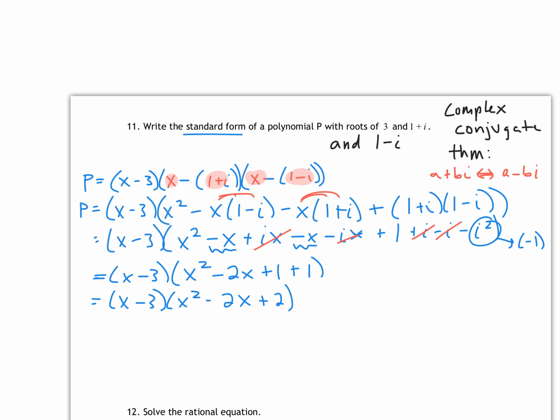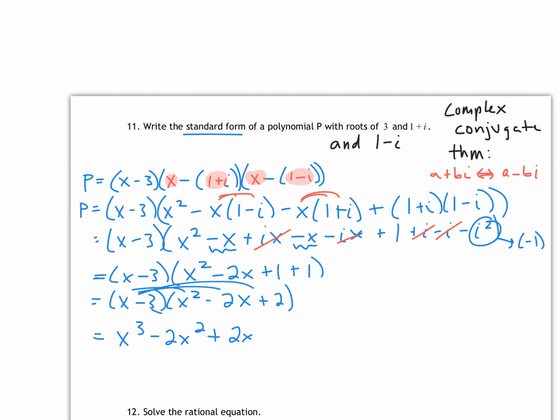And then we need to distribute these, and we're done. So distribute the x to all 3 of these. x cubed minus 2x squared plus 2x. Sorry, that should definitely be plus.